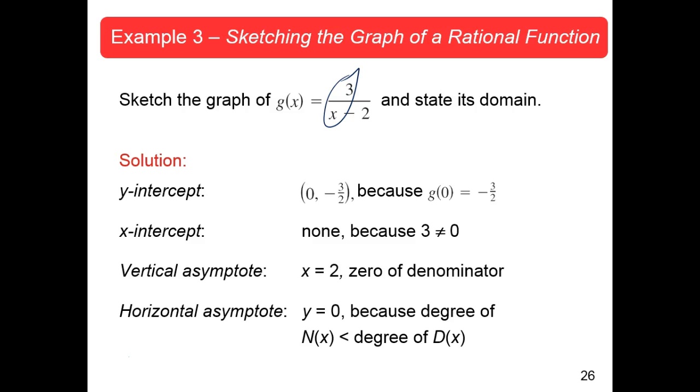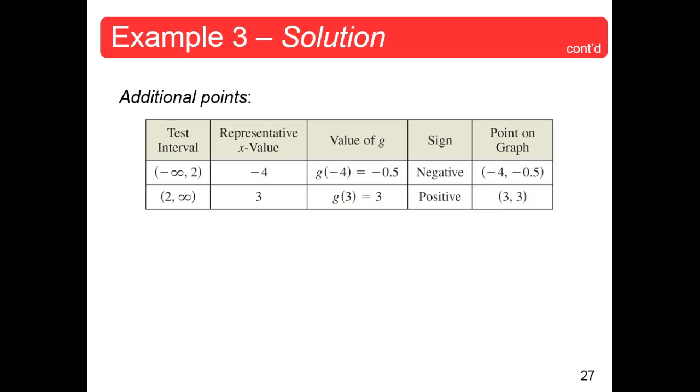So let's sketch the graph. Oh, now they do additional points. Yay for them. We really didn't need all those, but they did them all. But let's see how that improved the graph. They picked x equal -4 because it's left of 2.